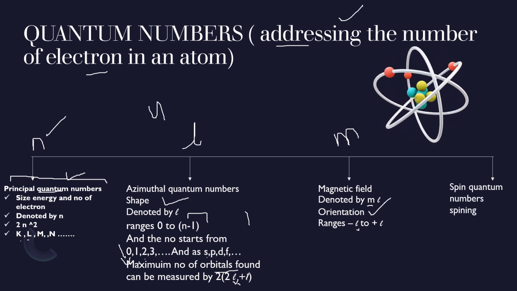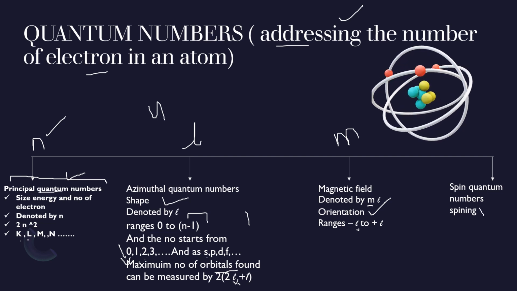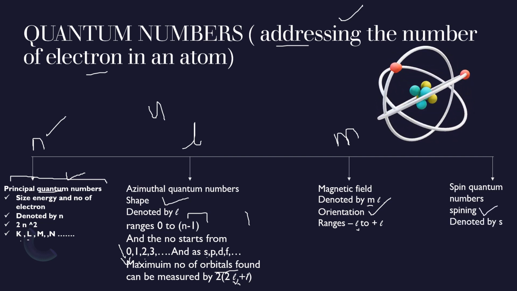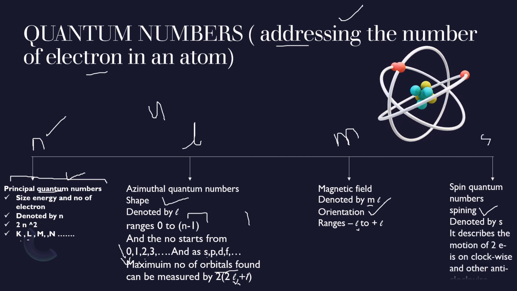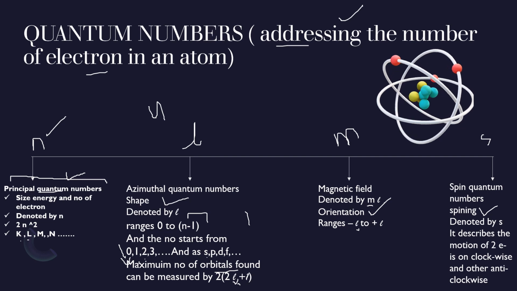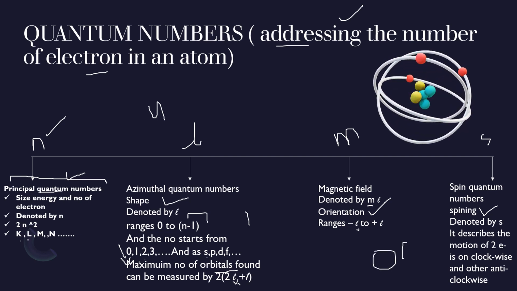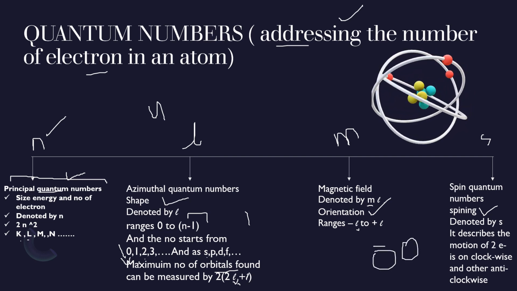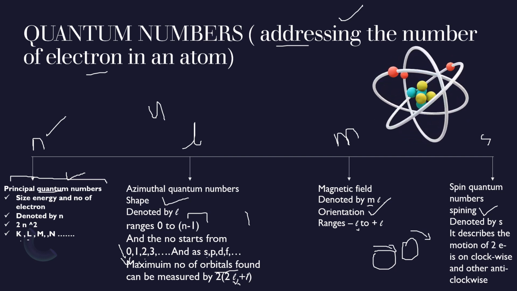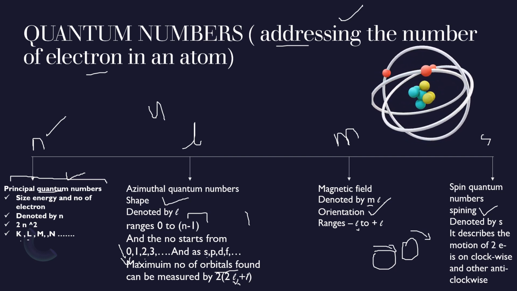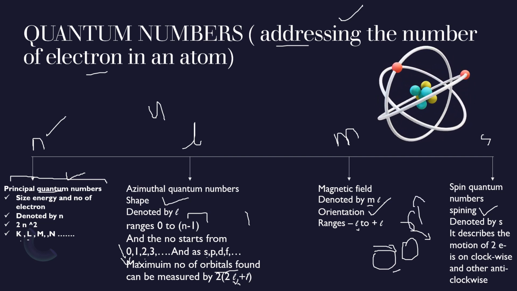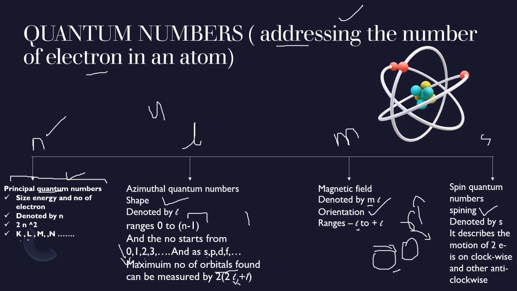Spin quantum number. The word spin explains itself, it means spinning. It is denoted by s. There is the term clockwise and anti-clockwise. We know that if 2 electrons are moving in the same direction, they will produce repulsion. Because of the repulsion, the repulsion forces will increase, they will repel each other and there would be distance between them.